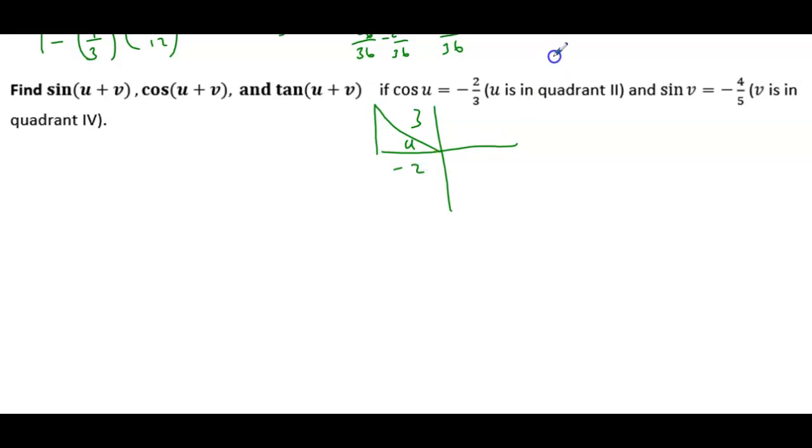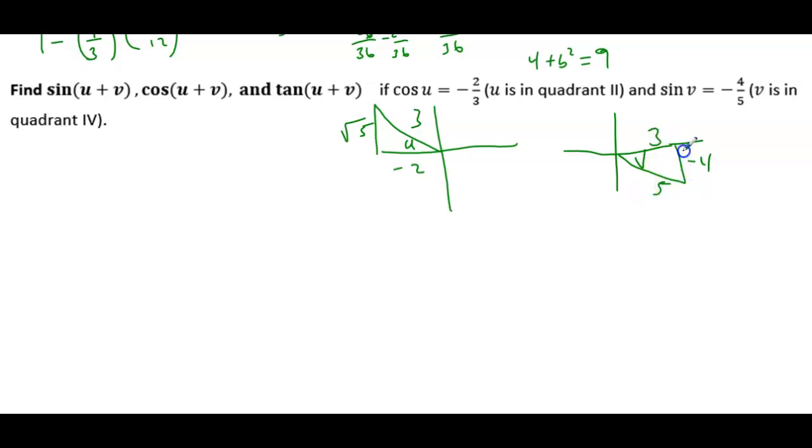Do Pythagorean theorem. 2 squared is 4 plus b squared equals 9. 9 minus 4 is 5, so this is the square root of 5. V is in quadrant 4, and sine is negative 4 over 5.